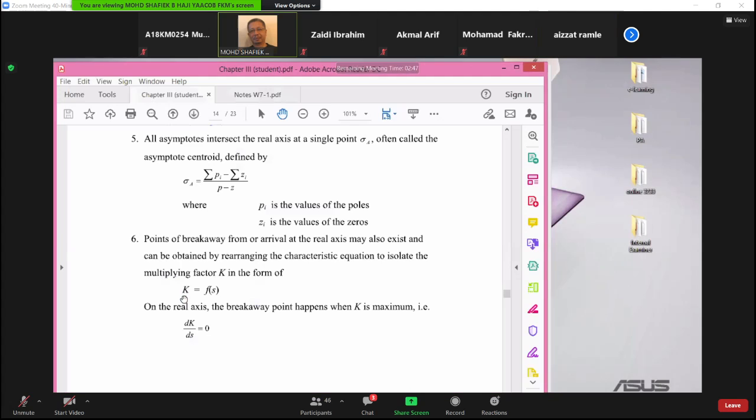Okay, so we need to rewrite the characteristic equation as k is equal to some function of s, and then we need to differentiate that function.